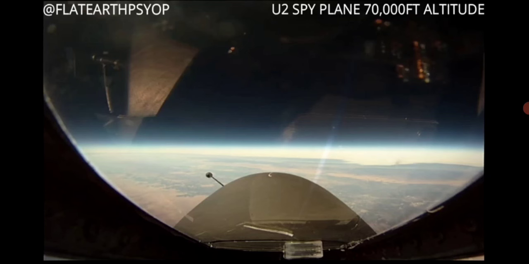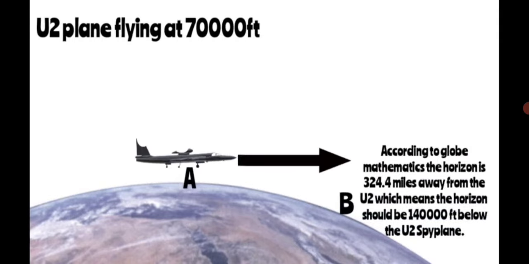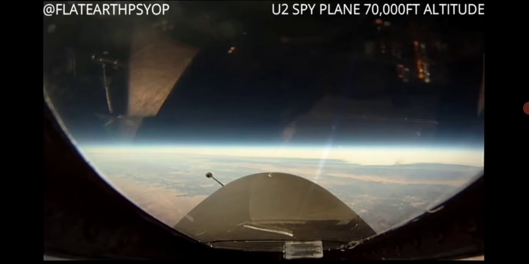It would be much further down, particularly given the fact the aircraft has its nose up slightly with its angle of attack. Supposedly twice the height the plane is flying at, that horizon should be below the pilot's eye level. That's if the Earth was a ball. Clearly ridiculous. And it's just going to get worse.